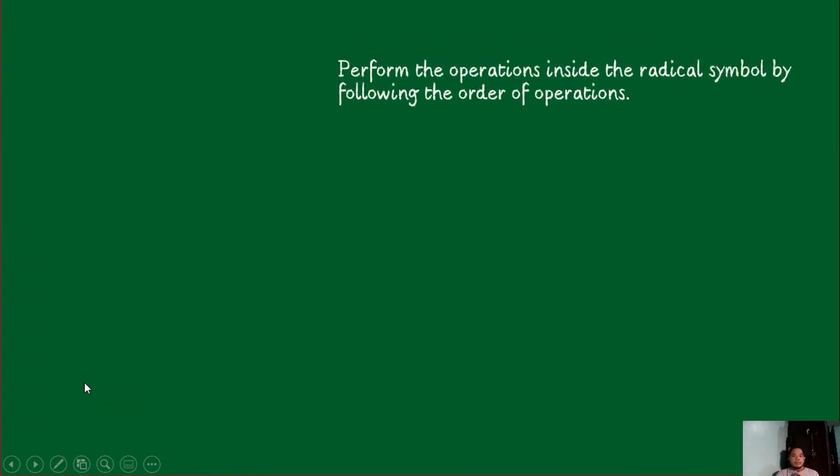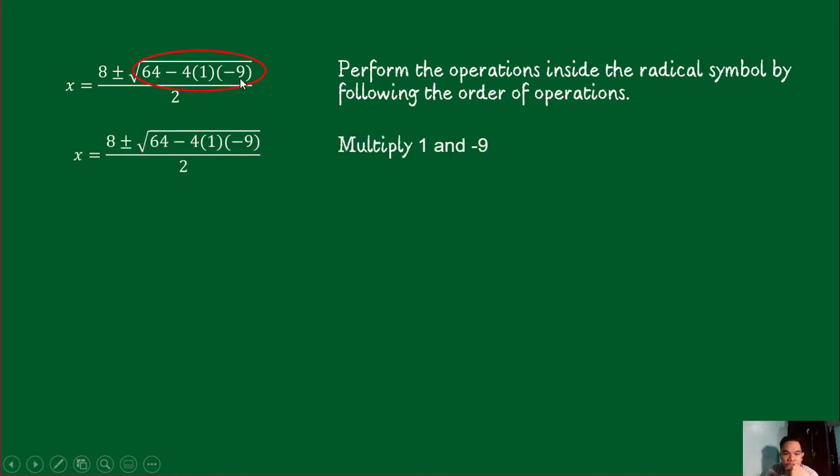Next, perform the operations inside the radical symbol by following the order of operations. It is important to follow the order of operations. So now we have 64 minus 4 times 1 times negative 9. All of these are just multiplication. We're going to multiply 1 and negative 9.